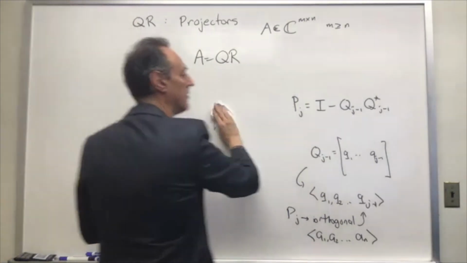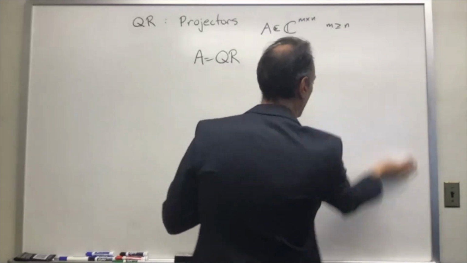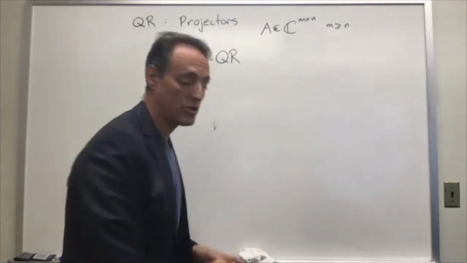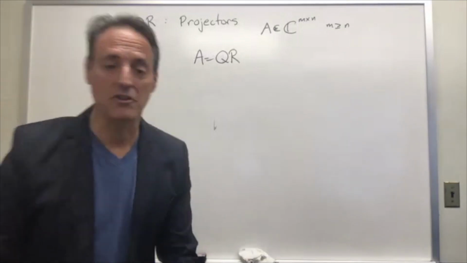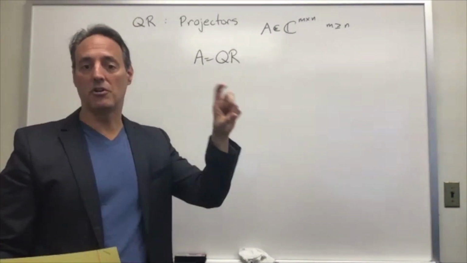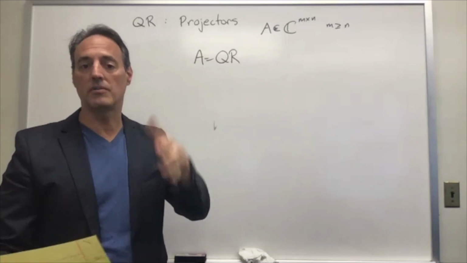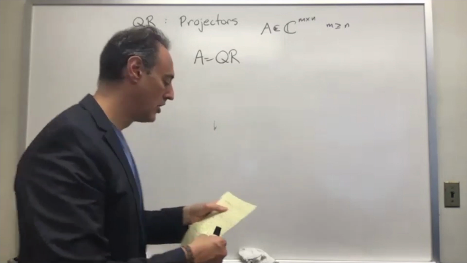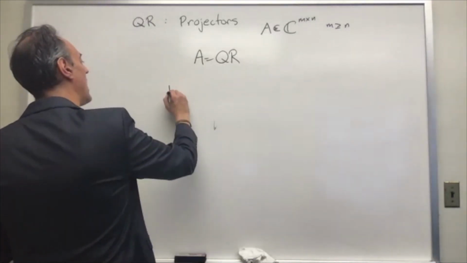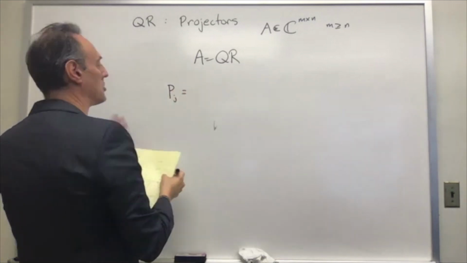It's recursive, just like what we talked about last time. In other words, you're going to start off by picking the vector A1, for instance, and first finding that direction and normalizing, then go to the next direction, and just recursively adding vectors to this. So by the time I get to the P of j operator, what is the P of j operator or projector?